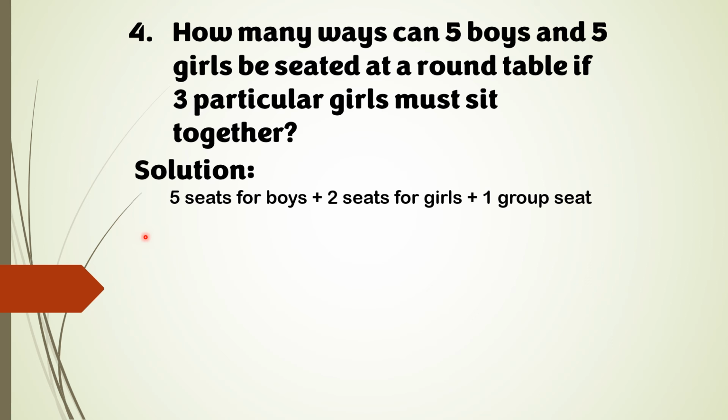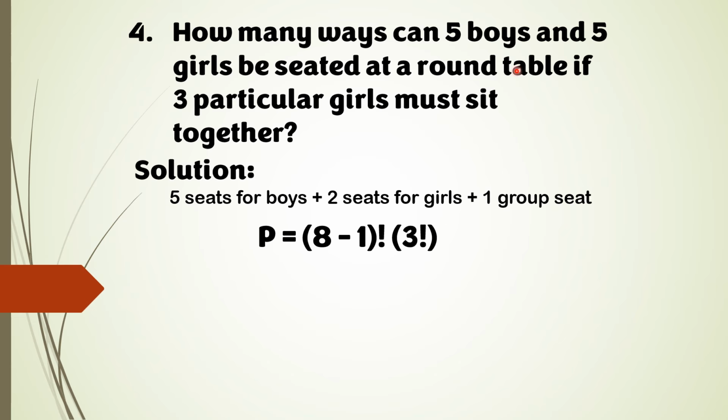And then we're going to count now. So we have 5 plus 2 plus 1 is 8. So the value of n is 8. And we have the permutation, or P equals the quantity of 8 minus 1 factorial times 3 factorial. So 3 factorial here, that is for the 3 girls wherein they must sit together.